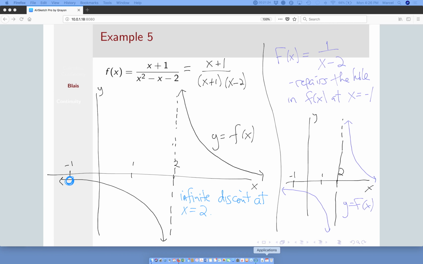So because of that, we conclude that this original little f has a removable discontinuity at x equals minus 1. The existence of this function that repaired this spot is what gives us that conclusion.